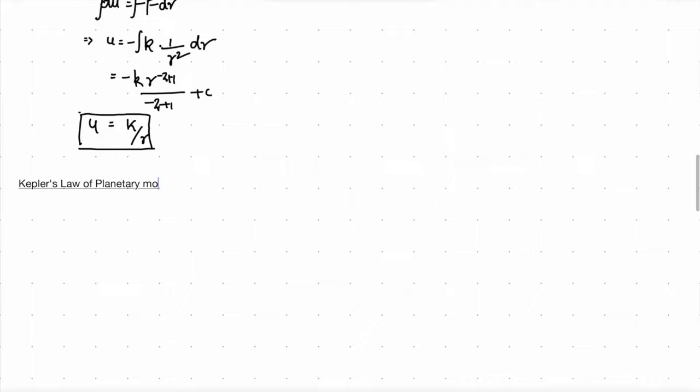So planetary motion is important. If we are talking about the motion of the planet around the sun, what will be its position, how will you predict its time period, all of this is based on Kepler's law. Kepler's law has three laws. Let's talk about the first law.